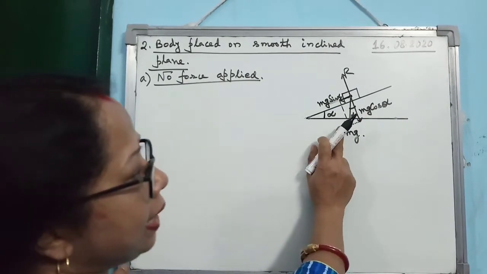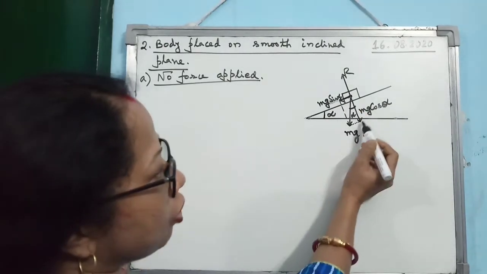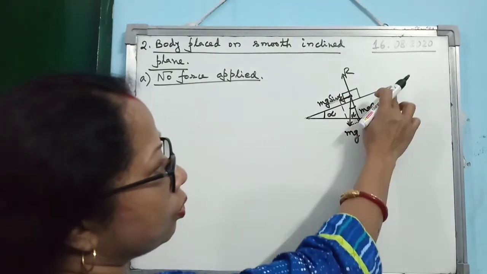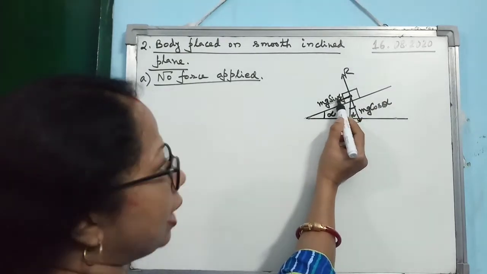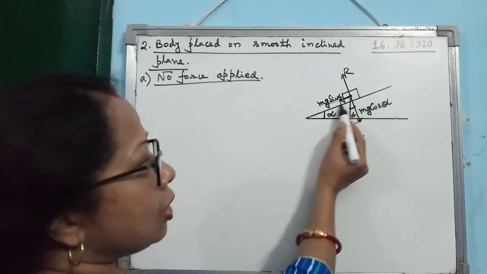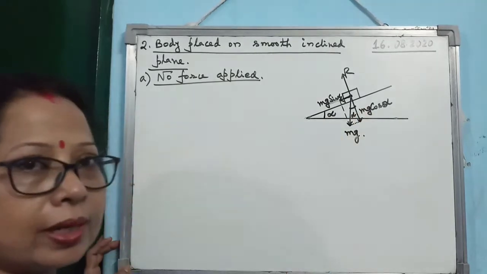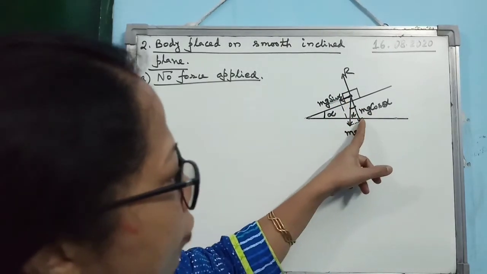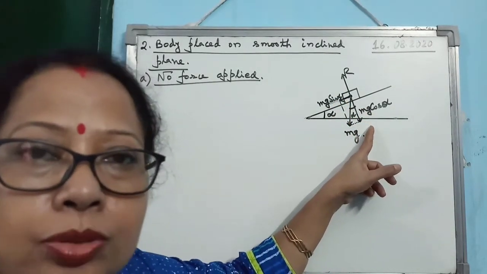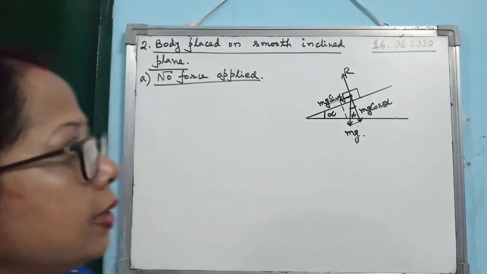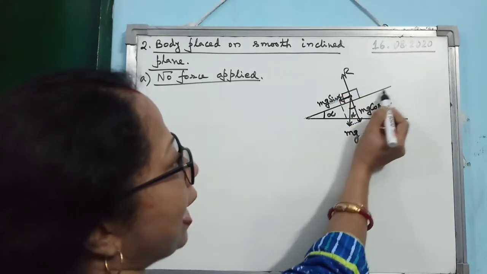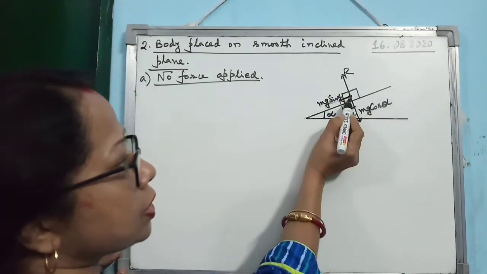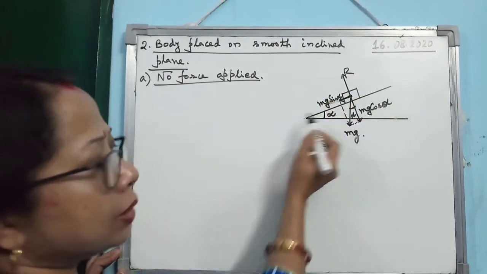So you can break mg into two components: mg cos alpha perpendicular to the inclined plane, and another, mg sin alpha, which is acting along the inclined plane in the downward direction. I hope you have understood how I have broken it into components. Inclined plane you have already studied in 10th standard, and the normal reaction acts perpendicular to this surface, so I have drawn it perpendicular.